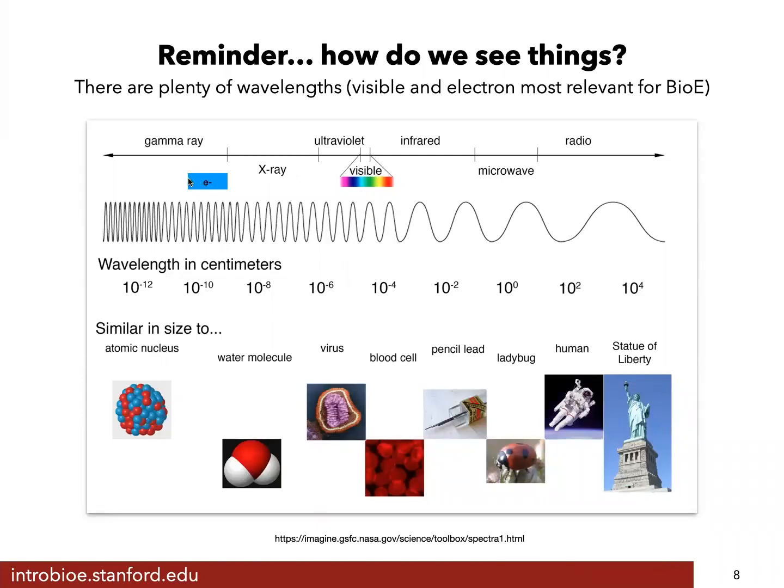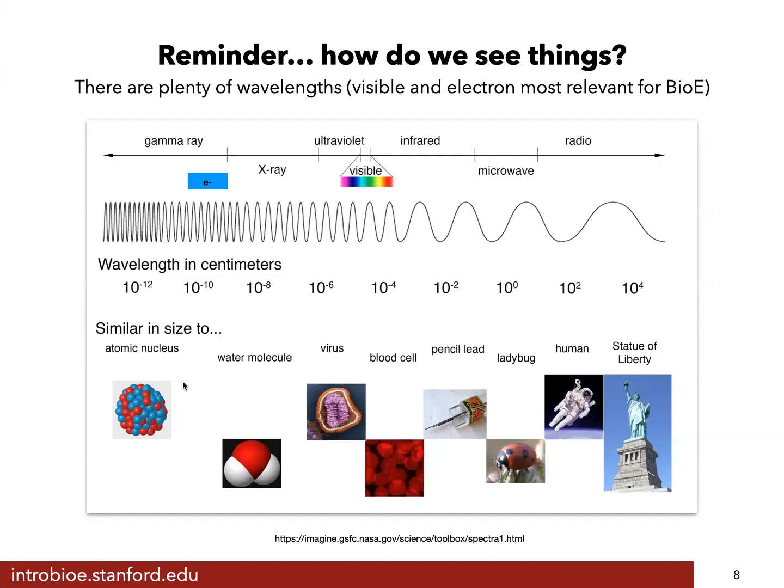But now if we jump down here, several orders of magnitude shorter, to electron microscope wavelengths, those wavelengths are between the size of a molecule and the nucleus of an atom. Thus, we should be able to resolve objects and structures that are much closer together.